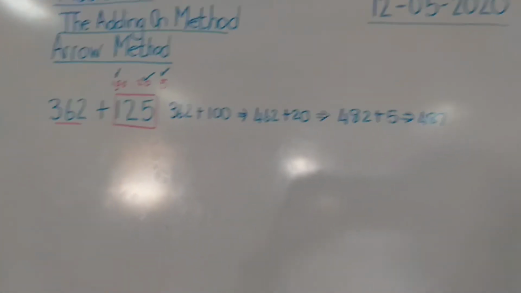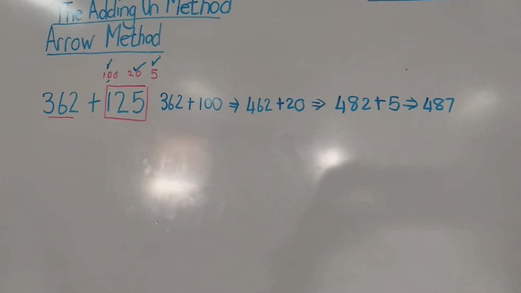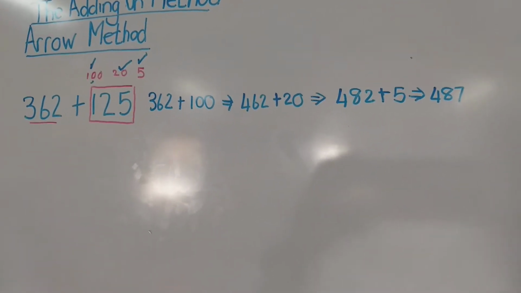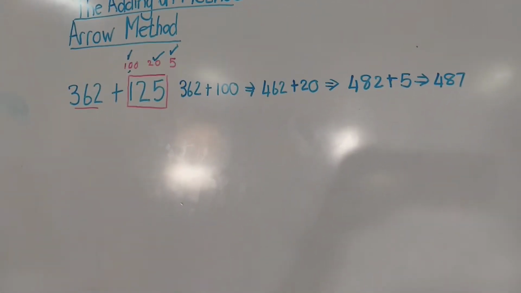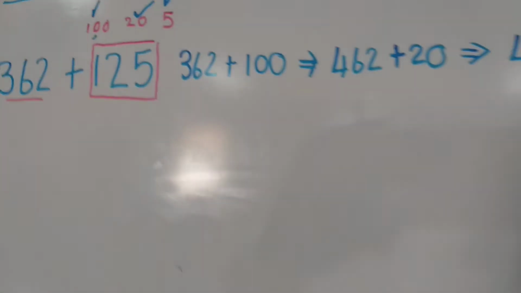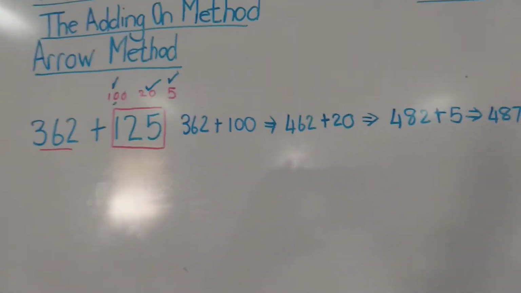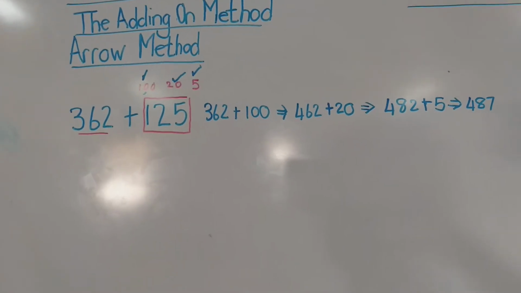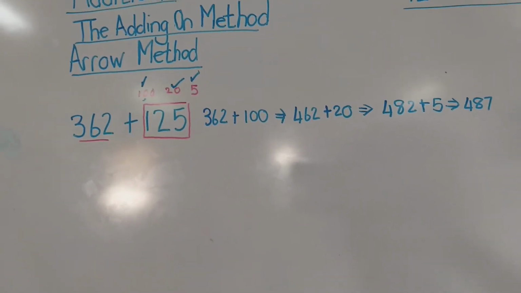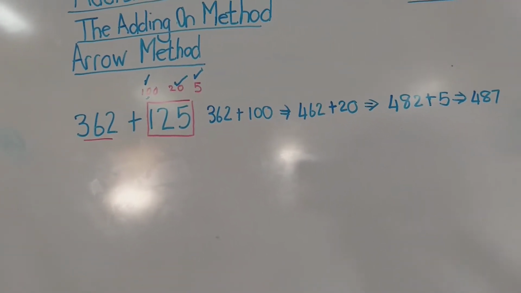Now these sums do get a bit long, especially when you include thousands into the equation. But it doesn't really matter. If you don't have enough space on your page, you can just carry on underneath. The other thing I find, since I've been teaching grade 3 for a very long time, is the children get in a big tizz about where to put the arrows.